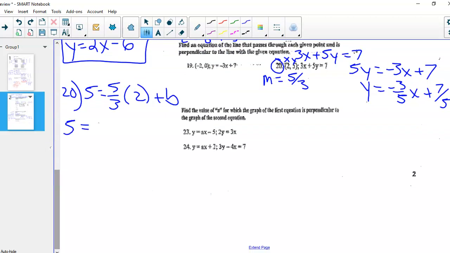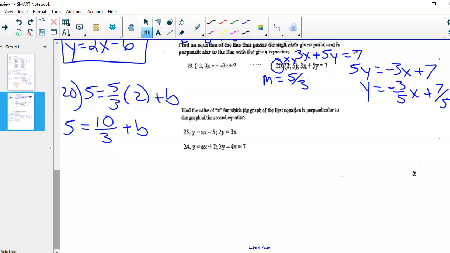Leave it as a fraction. It would be 10 over 3. Remember, you're just multiplying across, so this is really over 1. 5 times 2 is 10. 3 times 1 is 3.